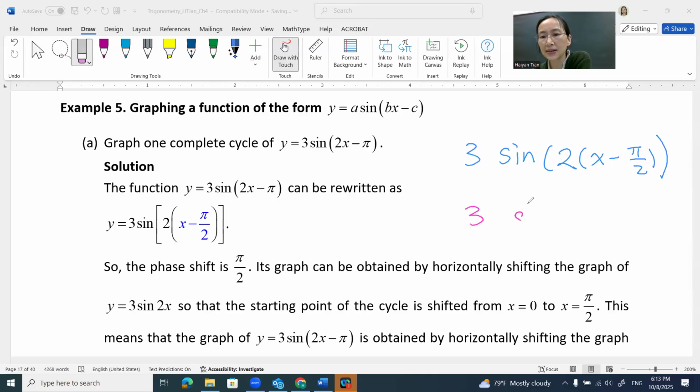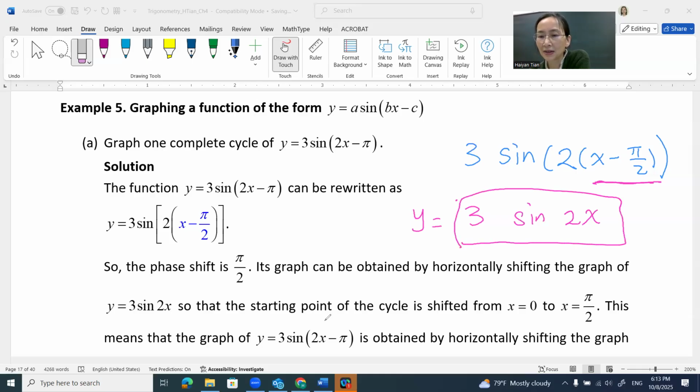Suppose I have only just 2x. So this variable, we replace it with 2x only. If I can graph this function, we know we can, based on our current discussion. A is 3, B is 2. We can produce a graph like this.